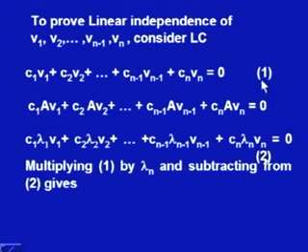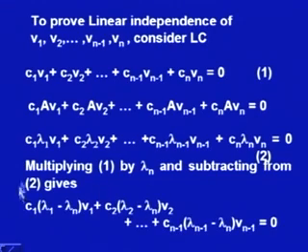Then multiplying equation 1 by lambda n and subtracting from 2, what we get is: this is multiplied by lambda 1, and we multiply this by lambda n and subtract from this. So, C1 V1 is common, and this is lambda 1, but this is being multiplied by lambda n and subtraction is taking place.